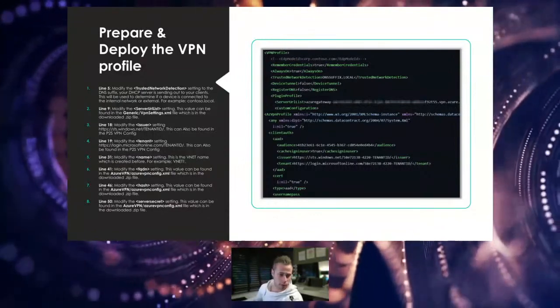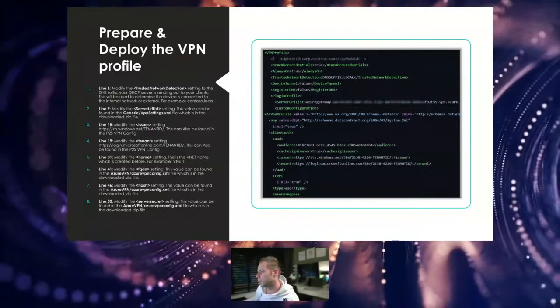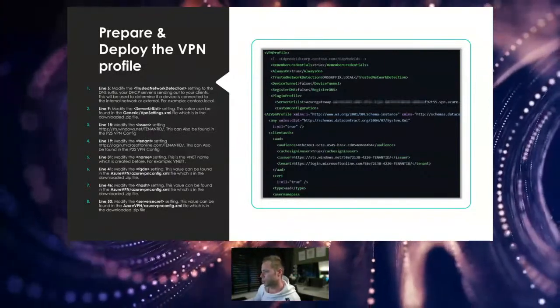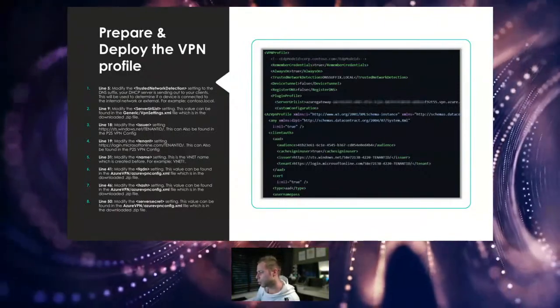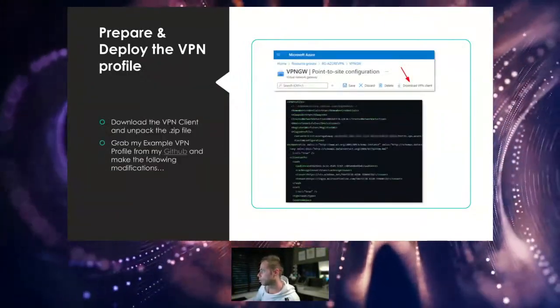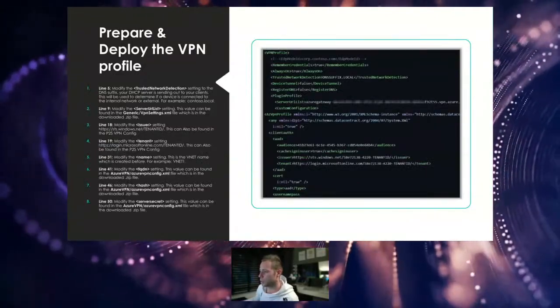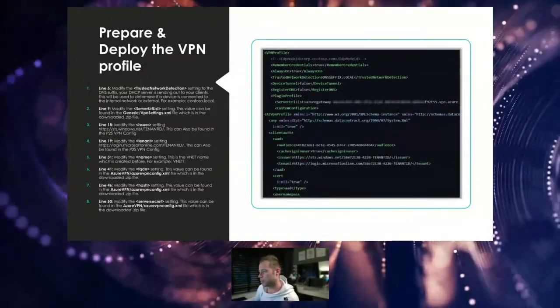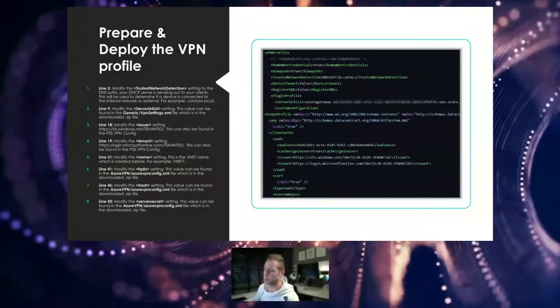In terms of always-on VPN, on line 9, we have to modify the server URL list, which is in the default VPN profile, which we have downloaded in the previous slide. Same for the issuer, which is the same as what we configured in the point-to-site VPN gateway a few slides back.